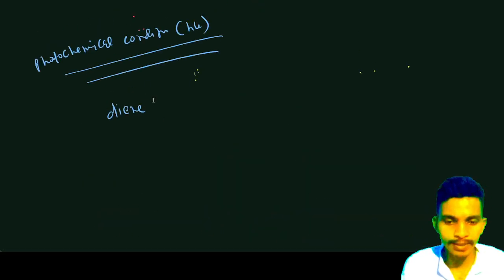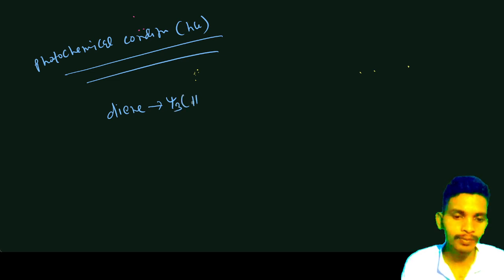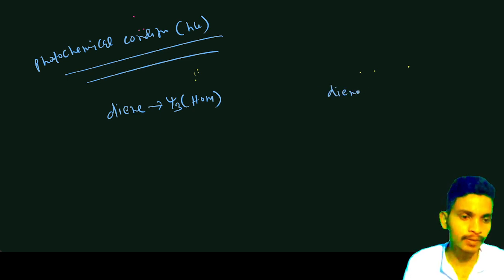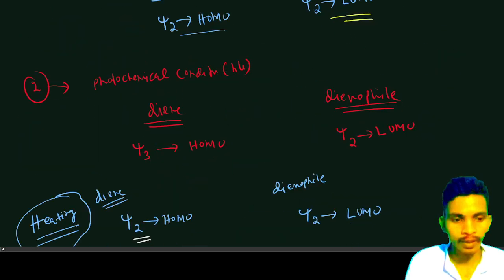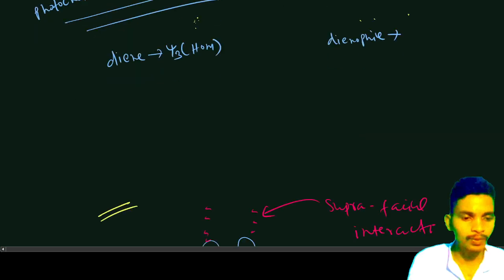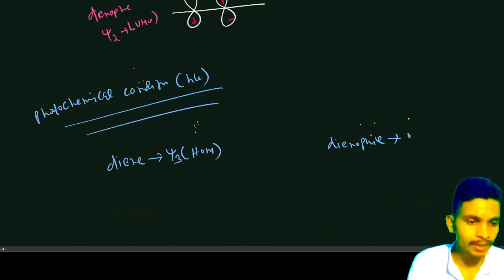For the dienophile case, side 2 is the LUMO. Here side 2 again is the LUMO at photochemical conditions, so we will write here, dienophiles, again side 2 is the LUMO.